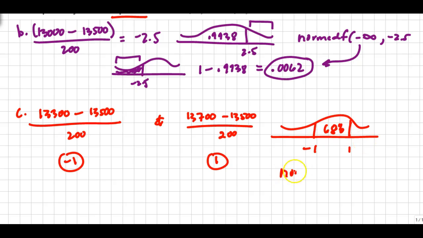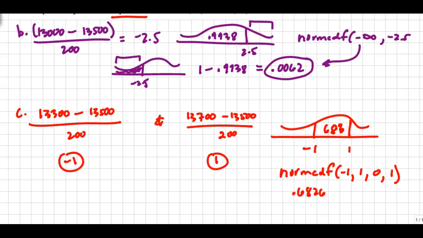You could also do it on the calculator, using again the normal CDF command, lower bound of -1, upper bound of 1, mean of 0, standard deviation of 1. And it would give you 0.6826, I believe. And so obviously it's a little above 68%, but either one of those answers is perfectly fine.